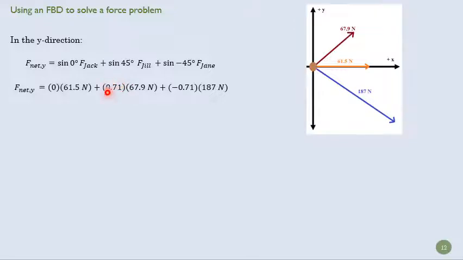And Jill and Jane have opposite directions, which makes sense with our physical intuition. So this term is going to be negative. This one's going to be positive. This one's going to be bigger, right? So we would expect an overall negative number, and that's what we get. Okay, so our net force in the y direction is down at 121 newtons.